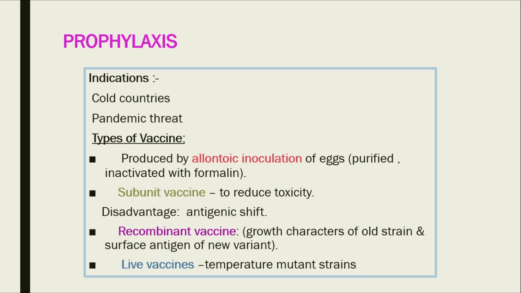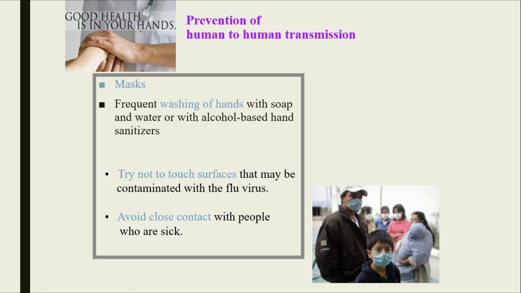So we have made different types of vaccines which can provide a generalized protection against influenza virus, produced by inoculating the allantoic membrane of embryonated eggs. We have used a subunit vaccine to reduce toxicity, and we have even used recombinant vaccines and live vaccines also. But their activity is limited because in every pandemic, it will take a longer time to produce a specific vaccine.